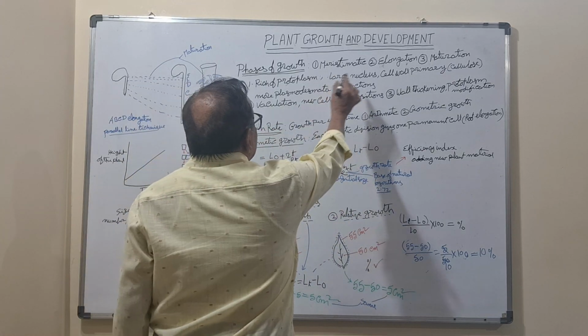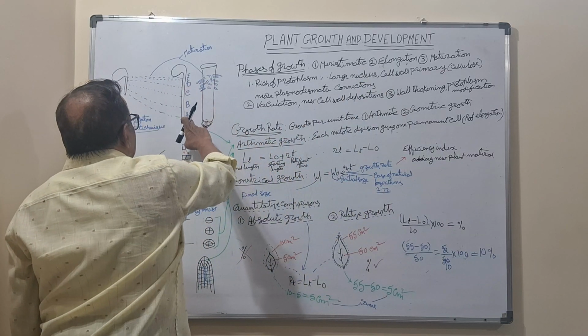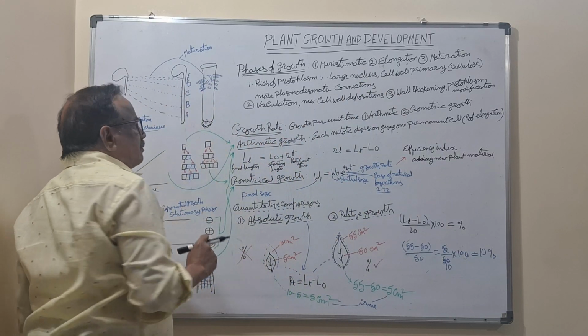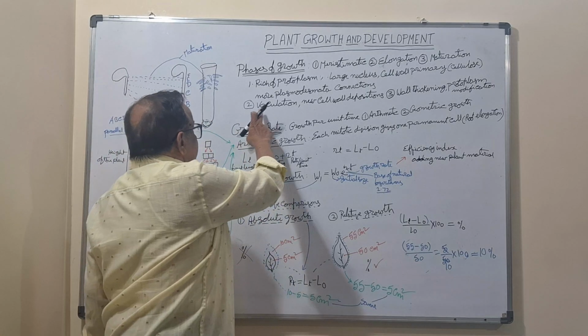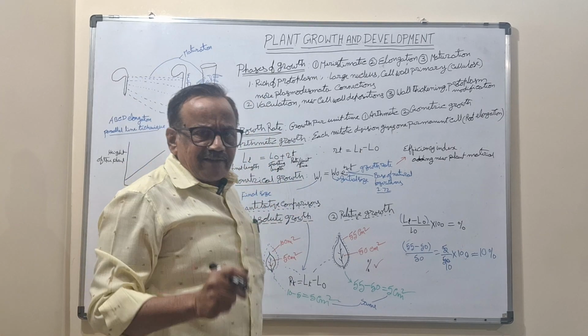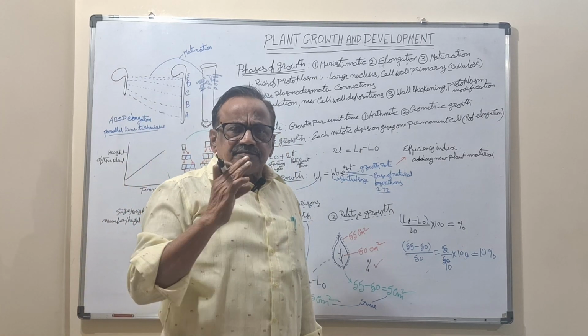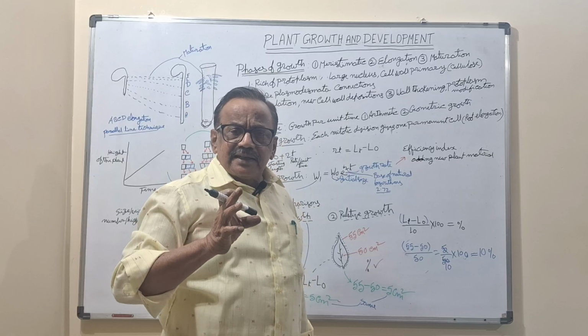Next is the elongation zone. This is the elongation zone, and A, B, C, D are in the elongation zone. Elongation zone means here the meristematic cells divide. In the cell cycle, you might have studied the G0 stage and G1.